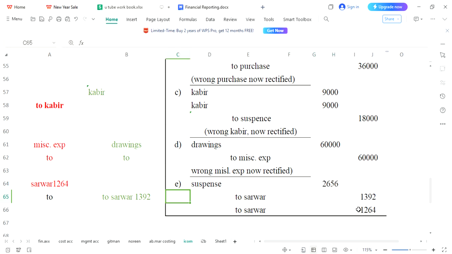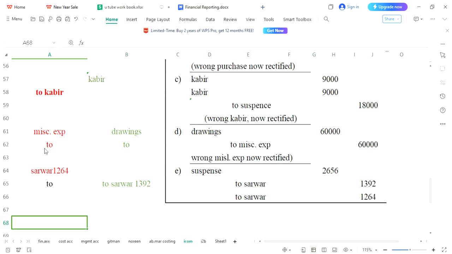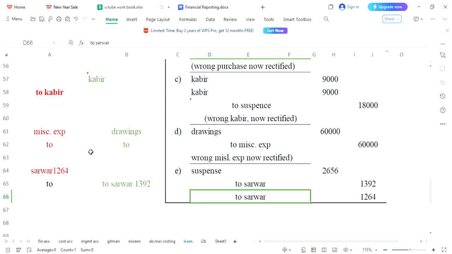So guys, in this way our entry has been completed, and this is very important to understand, the factor of amount. Please note that actual amount was 1392, but we have written 1264 on the opposite side.